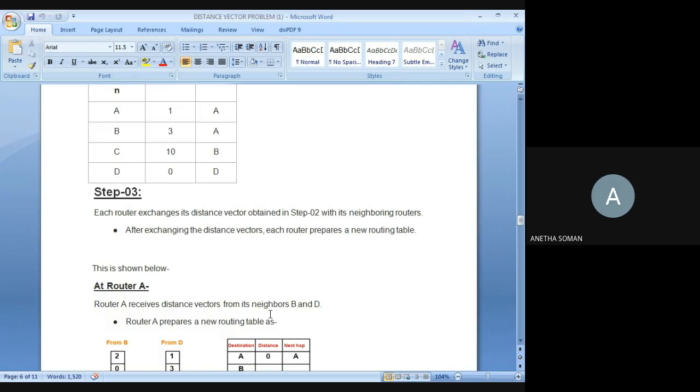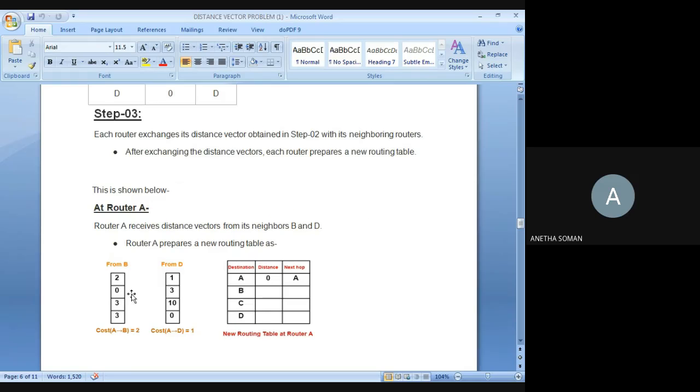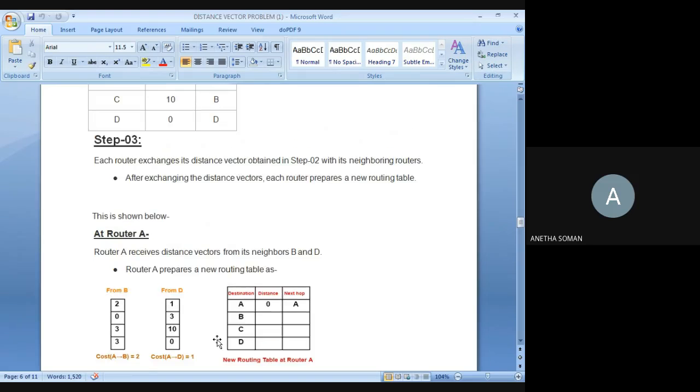Okay, now what happens at step 3? At router A, you will be receiving the distance vectors from its neighbors B and D. So what is the information that you are getting from B and D? Now the column has changed based on the new routing table of B and D. Yes or no? Did it change? Is the vector being shared by the neighbors B and D changed or what?